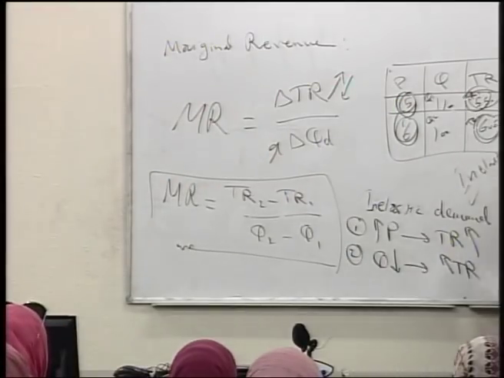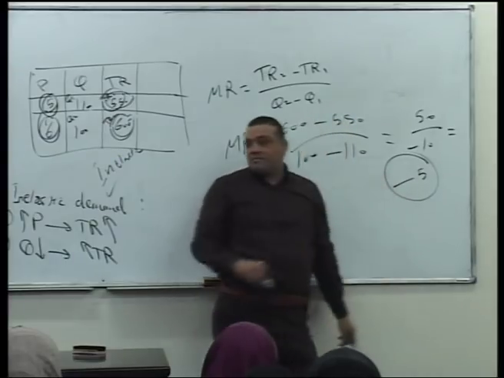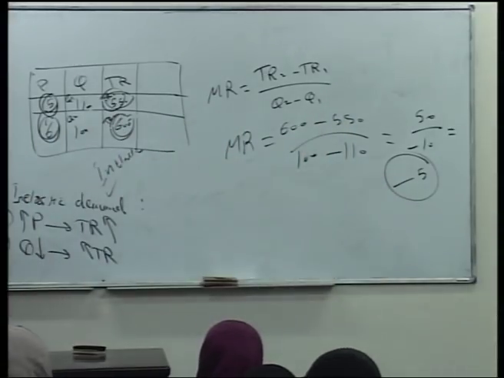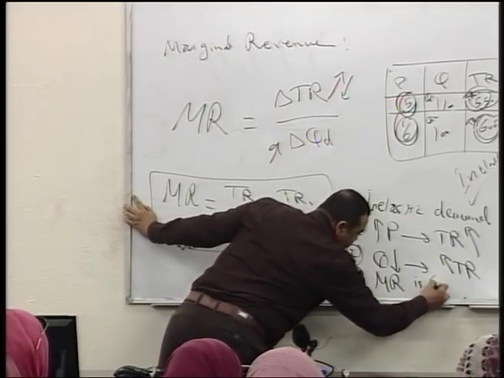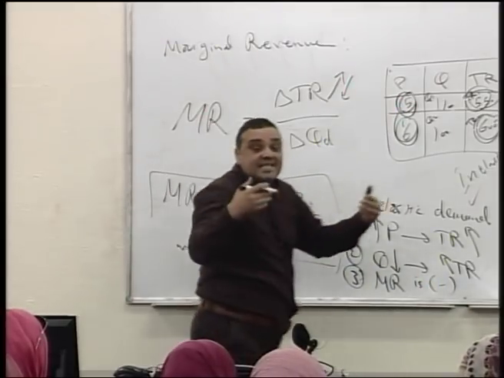Marginal revenue is negative. طبعا قد يكون positive وقد يكون zero. Marginal revenue is a negative sign, less than zero.